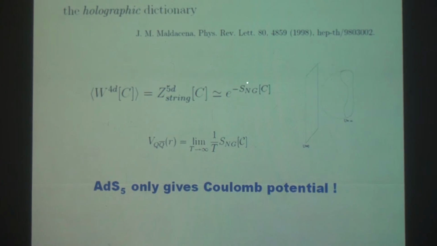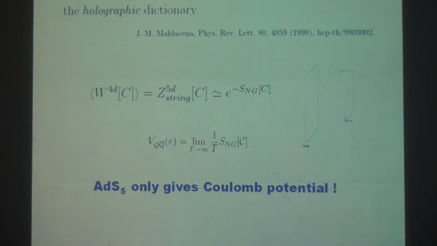And this NG action will give you the heavy quark potential. But for AdS5, this will only give you a Coulomb potential, basically only this part.